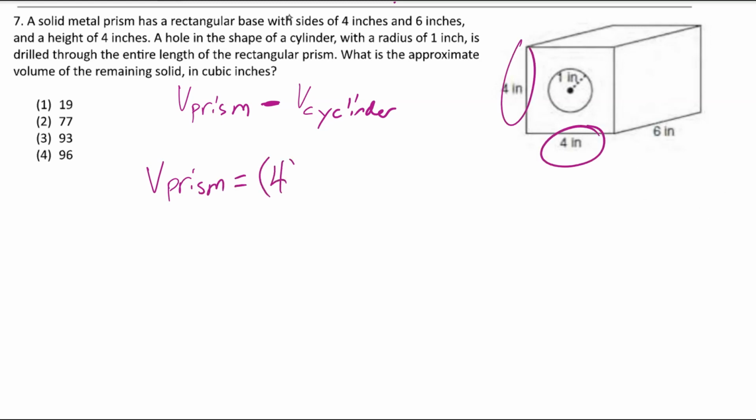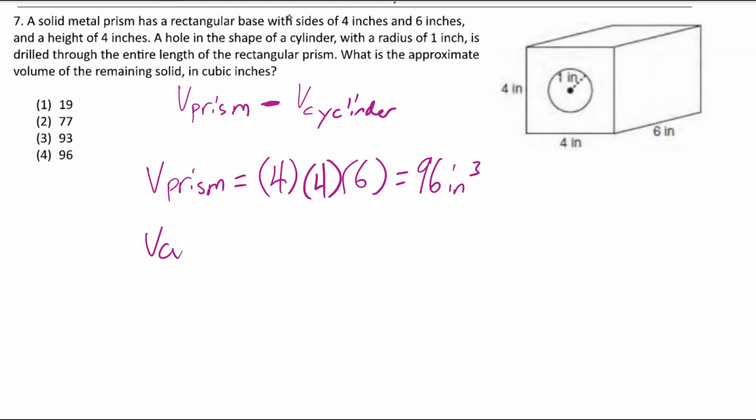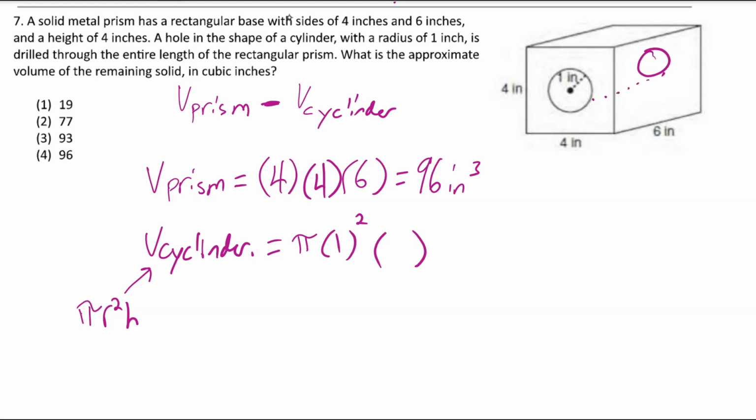The base is 4 by 4 times how far it goes back, which is 6. So the volume of this prism would be 96 inches cubed. The volume of the cylinder, however, well, remember that formula is pi r squared times the height. They tell me the radius was 1 inch. Again, the question is, what's the height of the cylinder? And if it goes all the way through this rectangular prism, the other side of the cylinder must be 6 inches away, because the hole would be on the back of the block here.